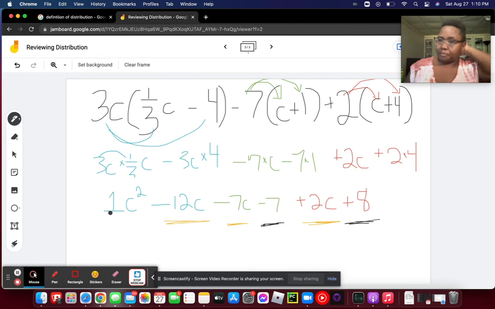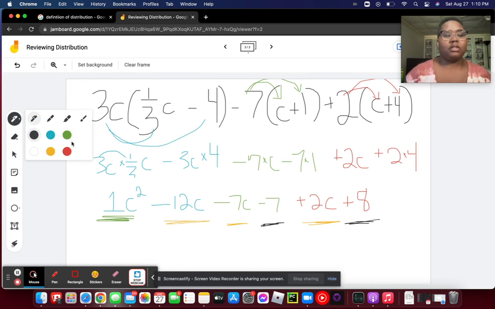Now we see the reason that I brought up earlier, that you don't combine like terms unless they have the same number of the variable. So here, even though 1c squared has a c in it, it has 2 c's because it's c squared.